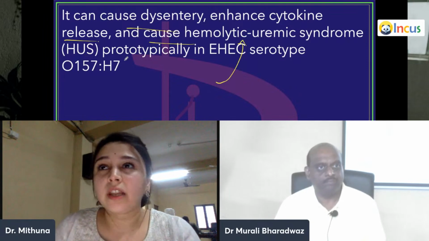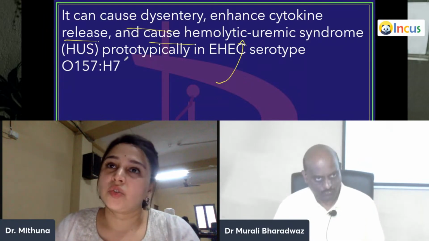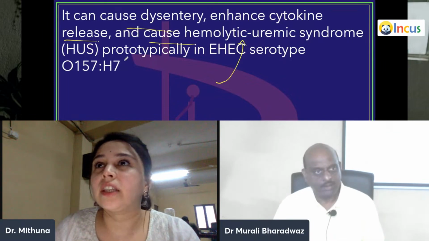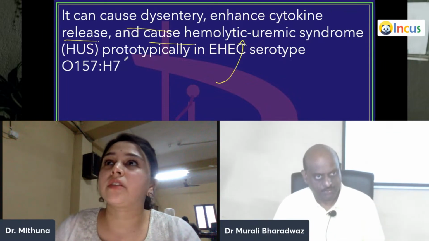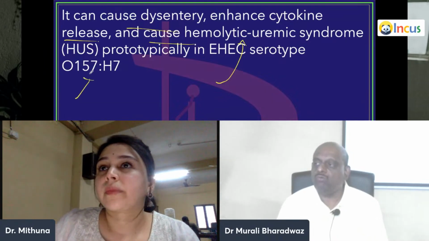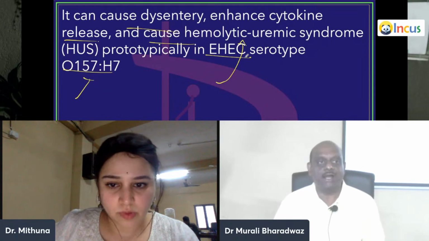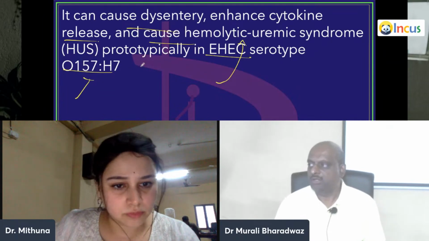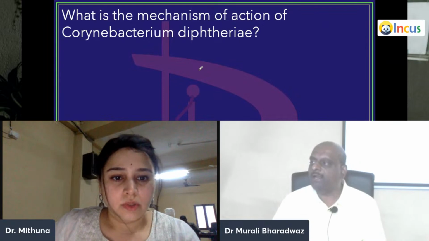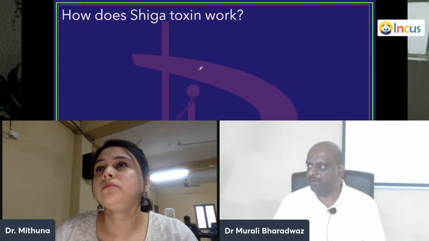It's a very rare phenomenon, and it's lethal. It's an encephalopathy. Even that is possible with Shigella. Very good. So O157:H7 EHEC and Shiga both lead to the development of hemolytic uremic syndrome, is what you need to remember.